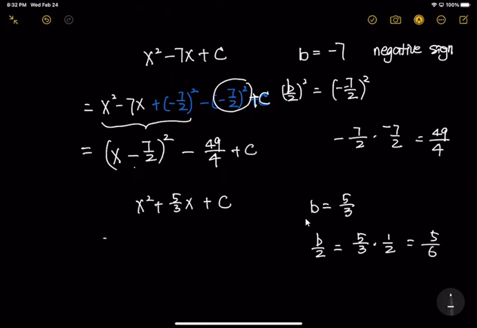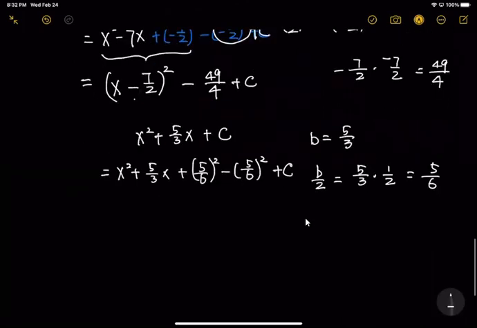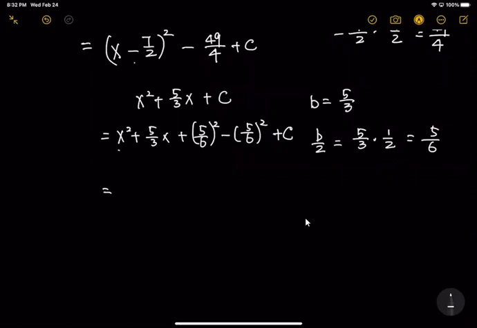So that means we want to add 5/6 squared and then subtract 5/6 squared, plus c. The first 3 terms are equal to x plus 5/6 squared, subtract, okay, 5 squared is 25, 6 squared is 36, and then add c. Okay, that's how you complete the square.